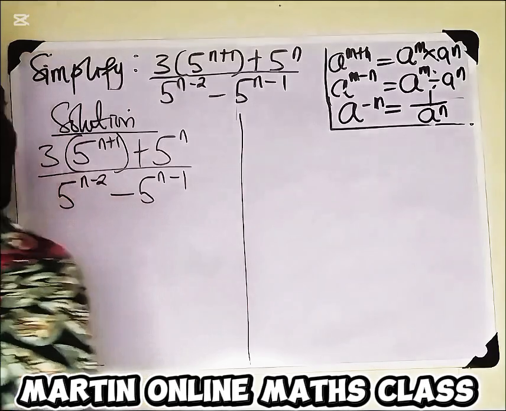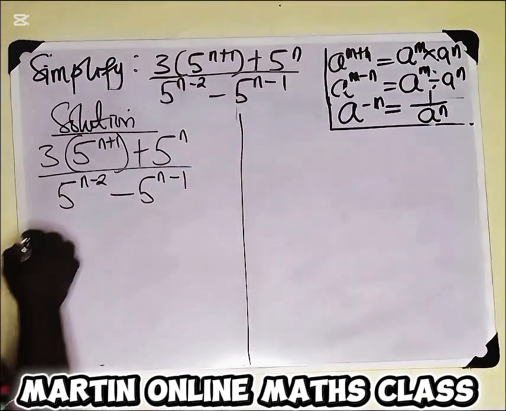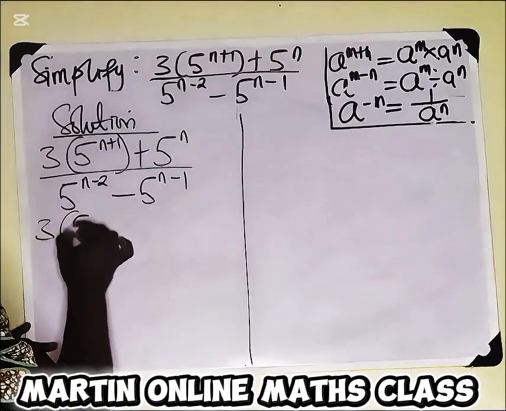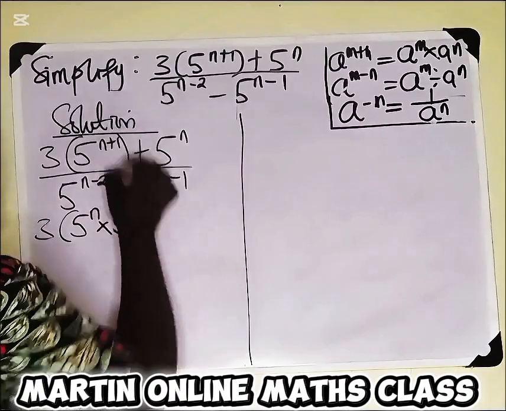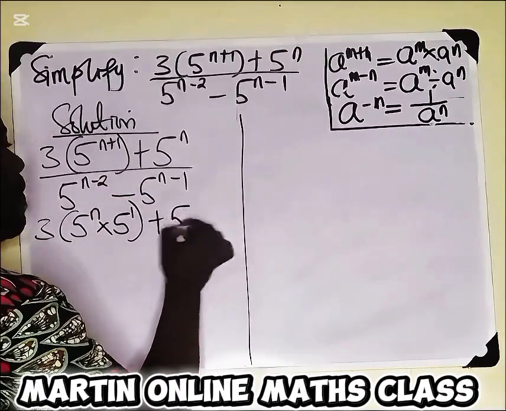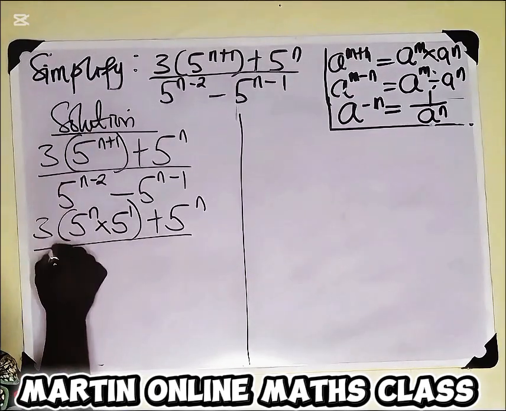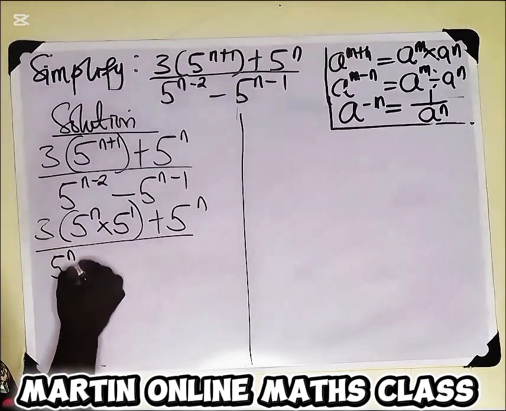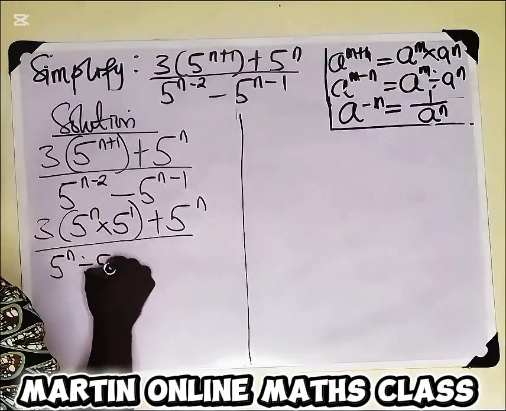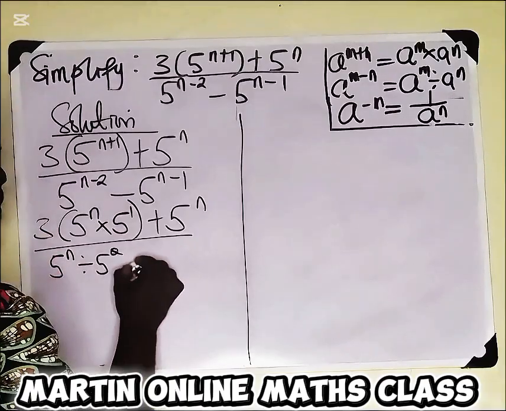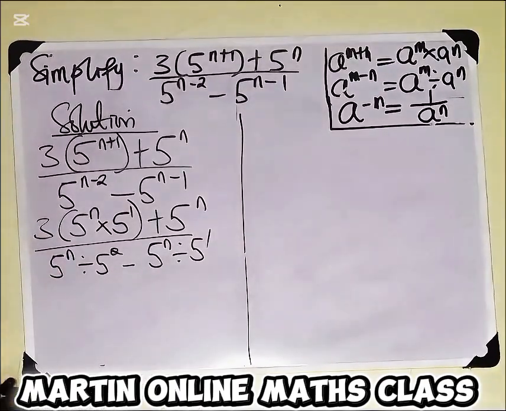So with this idea, I need to split this, and split this. Splitting, I will have 3 bracket 5^n, remember plus is times, 5^1 plus 5^n. Over here we have 5^n divided by 5^2, the second law, minus 5^n divided by 5^1.